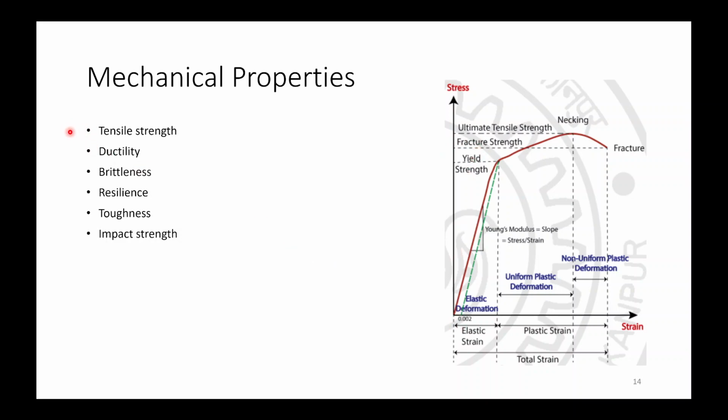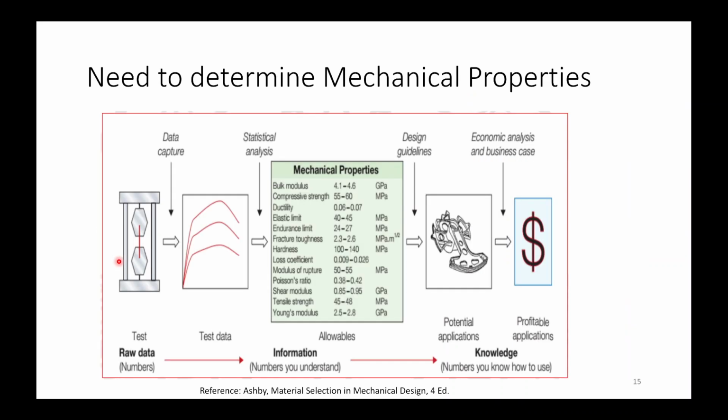Now these are the mechanical properties that are measured extensively: tensile strength, ductility, brittleness, resilience, toughness, impact strength. Impact strength and brittleness are the only ones that can't be calculated using this graph, and the others can be calculated using it. Now why do we need to determine the mechanical properties?